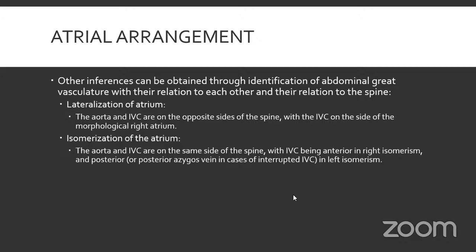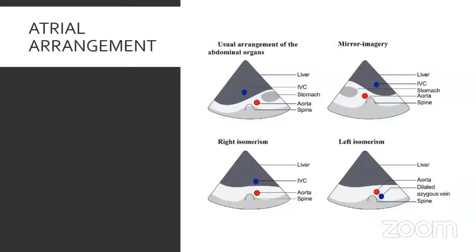Sometimes when you have interrupted IVC, you'll have a posterior azygous vein. This is an illustration of what we mentioned before. When you have usual arrangement of the abdominal organs, you'll have the IVC and aorta on opposite sides of the spine, with the IVC being anterior, and it's on the right side, which is the side of the right atrium.